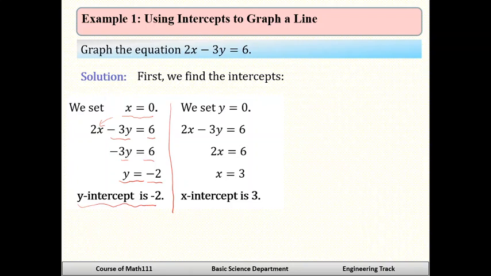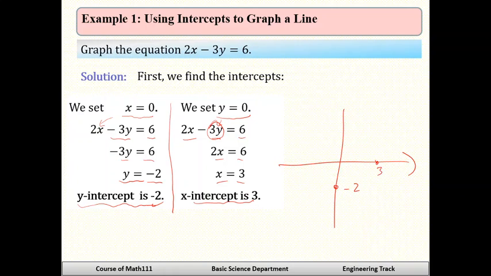For the x-intercept, we set y equal to 0 and substitute it in the equation. Then we have 2x equal to 6, and when we solve for x, it is 3. So the x-intercept is 3. The next thing is we put these numbers on the y-axis and on the x-axis. On the y-axis, it's minus 2. On the x-axis, it's 3.